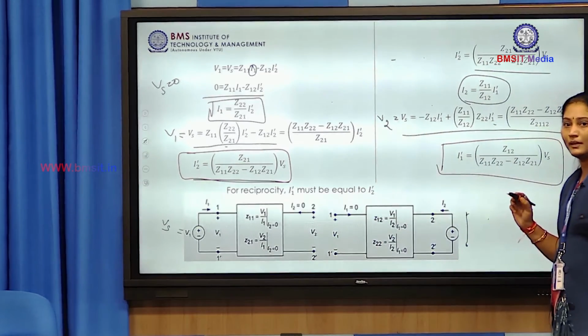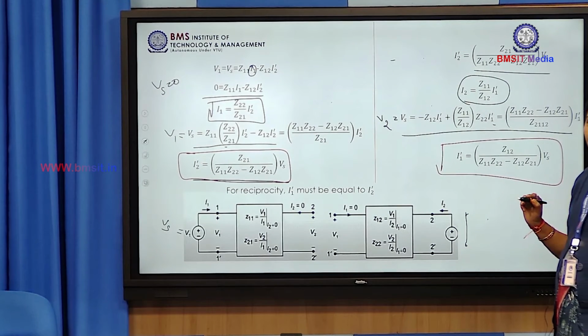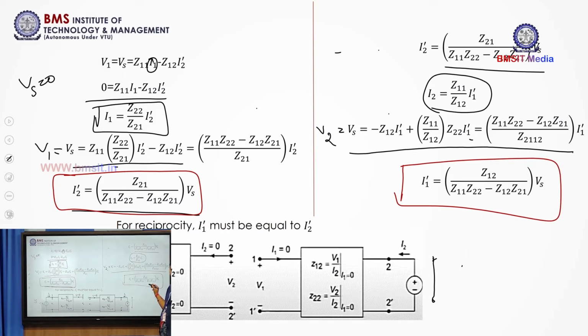Only the numerators in I2 dash and I1 dash are equal to Z12 and Z21 respectively. If this should be equal for the reciprocity, that means Z12 should be equal to Z21, if the network is reciprocal.